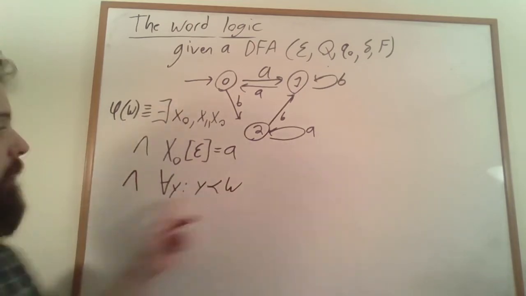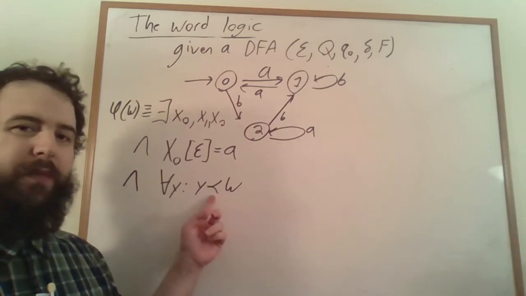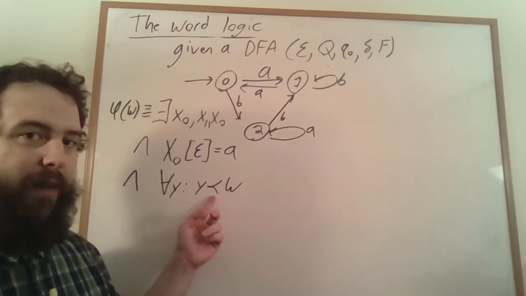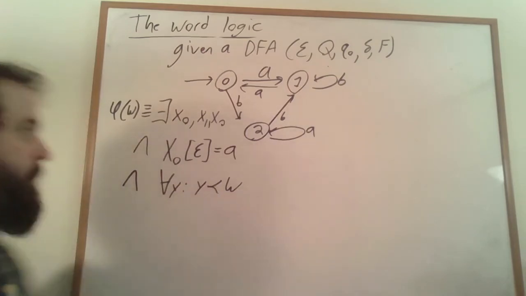for all y which is a strict prefix of w, and we can use this notation, this just means that y is a prefix of w and y is not equal to w, so you could expand this out if you needed to.